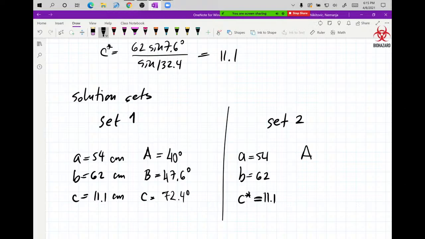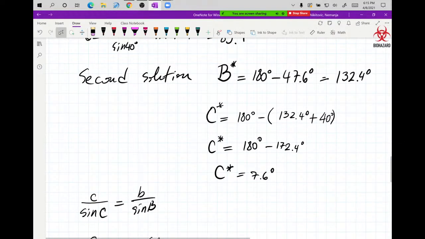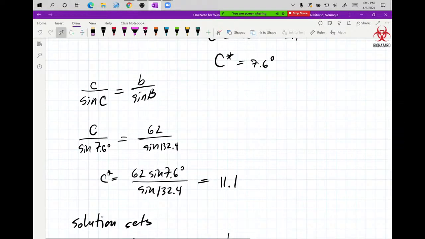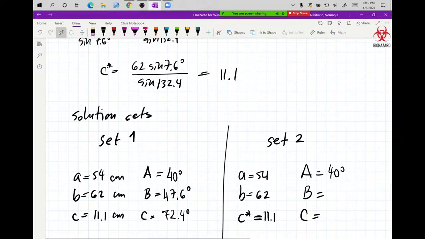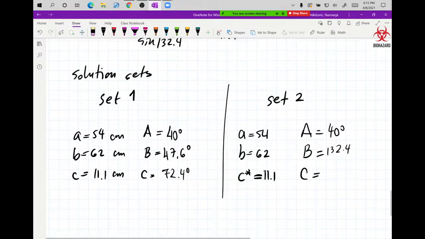And the capital angle A can't change, it's 40, but B and C both changed. So angle B is 132.4, and C is 7.6 degrees.